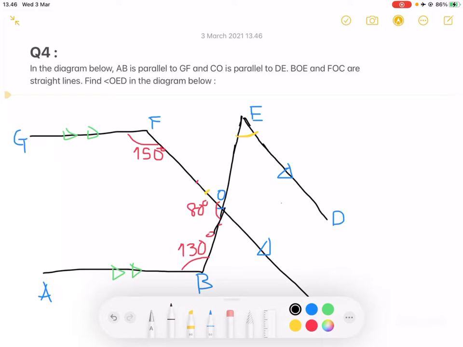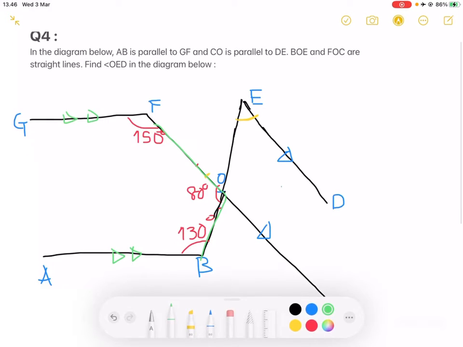Alright. And since BOE and FOC are straight lines, we know that angle BOF, which is this angle right here, must be equal to angle COE, which is this angle right here, since they are vertically opposite angles. So we know this is also 80 degrees.